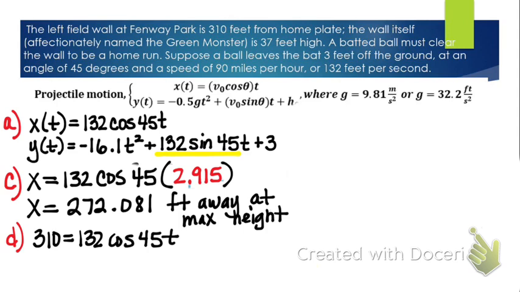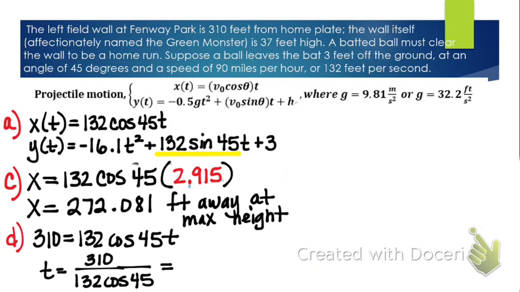So the time it's going to take for it to reach the wall is going to be 310 divided by 132 cosine 45. If you divide that in your calculator, I always feel like I have to recheck my answer.